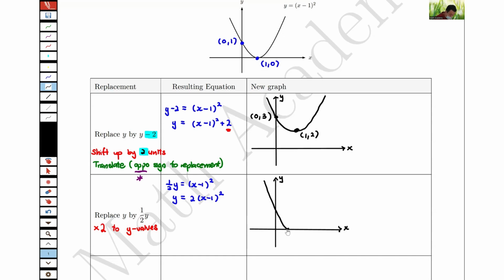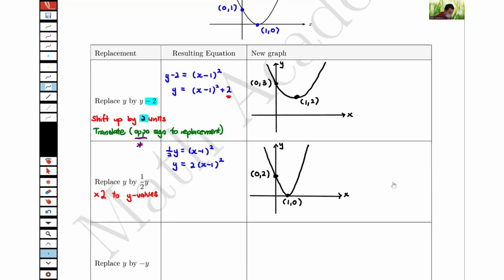Stretch the graph up and down. We think through the coordinate. We are multiplying 2 to the y. So if it's 0, it's still 0. Your x should be unchanged. You are multiplying 2 to the y only. Your vertical intercept will now be changed to 0, 2 also, times 2 to all the y.